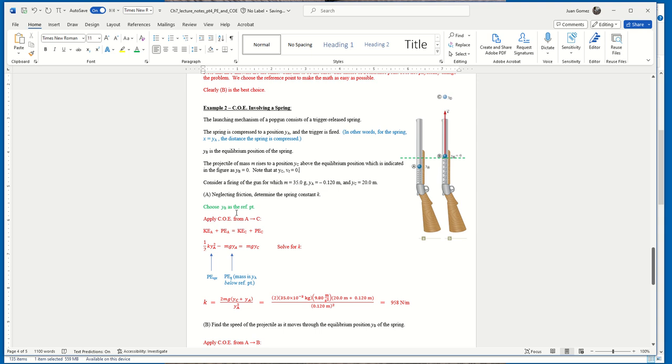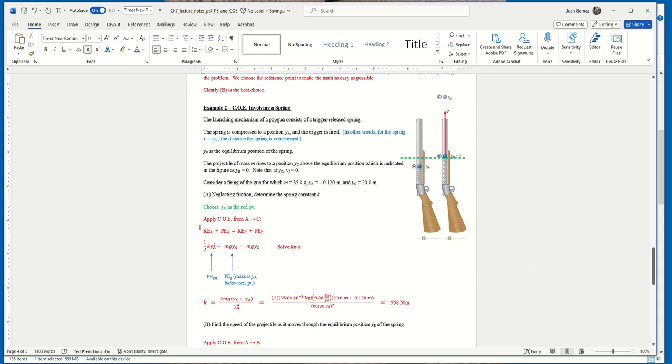Now we want to apply conservation of energy from A to C. So we want the kinetic energy at A plus the potential energy at A equals the kinetic energy at C plus the potential energy at C. And we're choosing YB as the reference point. The equilibrium position of the spring is also our reference point for gravitational potential energy.